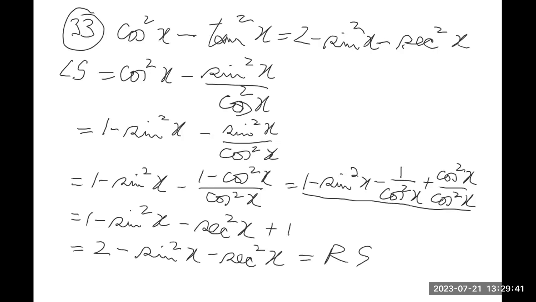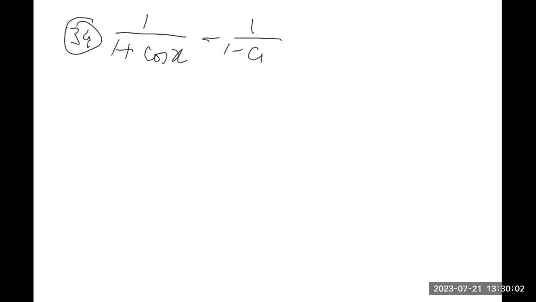Let's look at number 34, where we have to show that 1 over 1 plus cosine x minus 1 over 1 minus cosine negative x is equal to negative 2 cotangent x cosecant x.